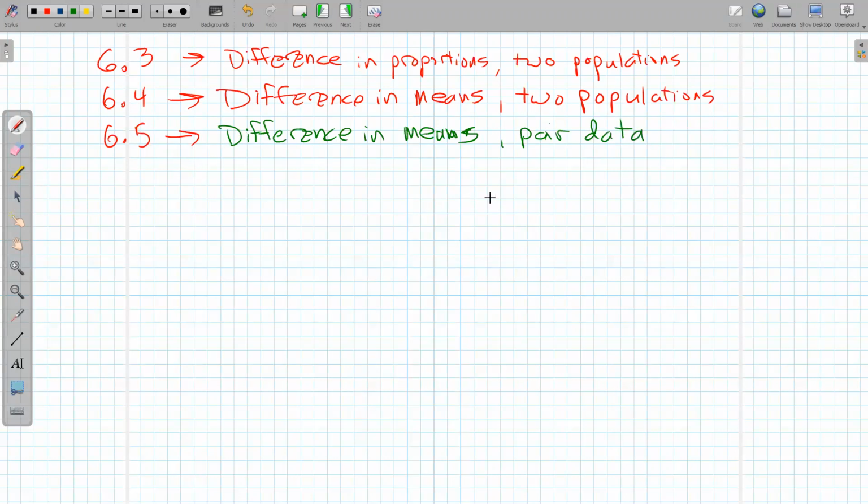So examples of the paired data that we saw before would be the husband's versus wife's age that we looked at before. Another one that we looked at was the pulse rate, quiz versus test.